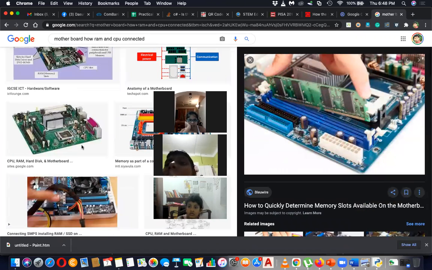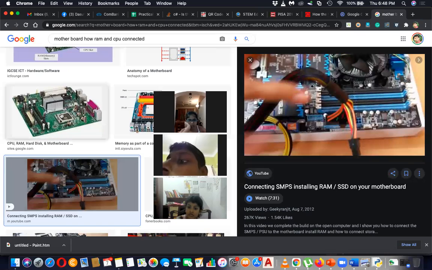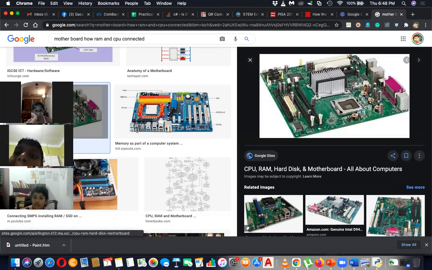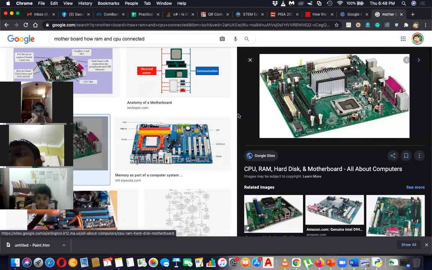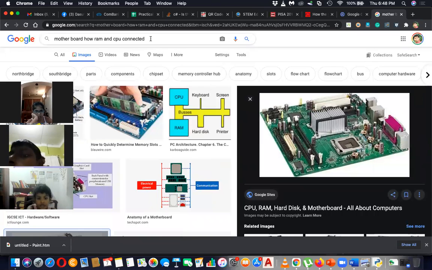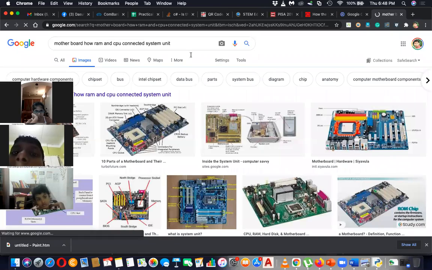Similar to that, here in this image, you can see the place that you use to connect the processor. Here is main memory, and this is the processor. This is inside the system unit.